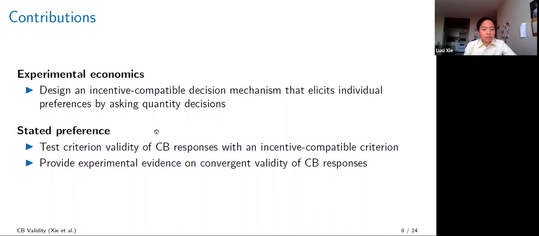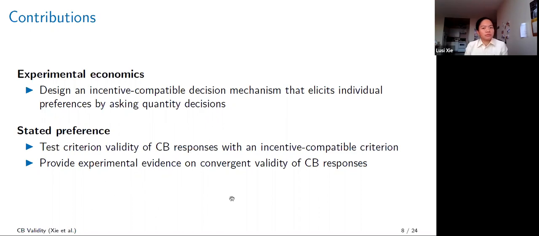And for the stated preference literature, this study is the first, to the best of our knowledge, to test criterion validity of CB responses with an incentive compatible criterion. And it's also the first to provide experimental evidence on convergent validity of CB responses.